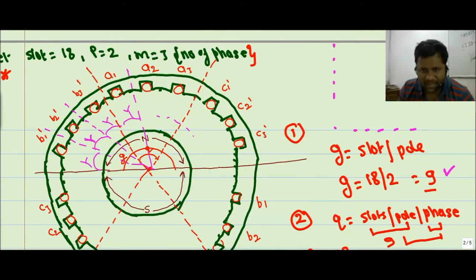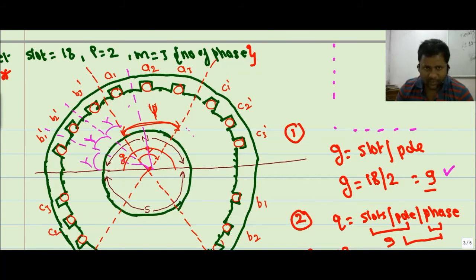It is the angular span covered by each phase under each pole. Each phase means this is phase A under each pole, and it is the angular span.